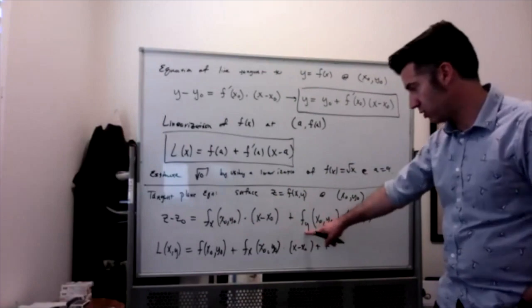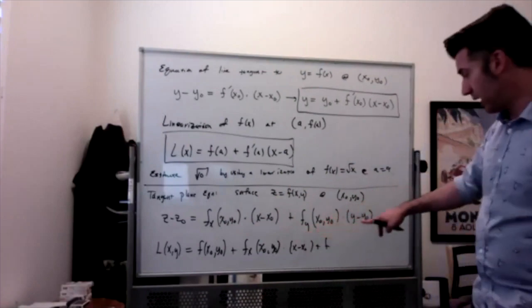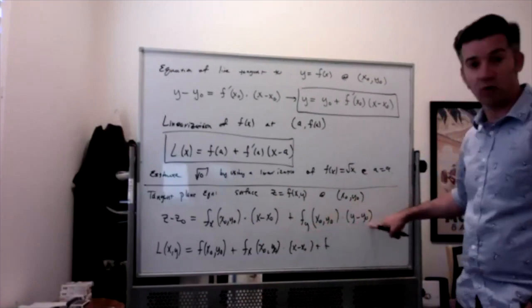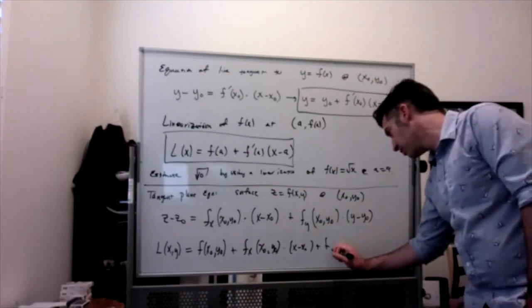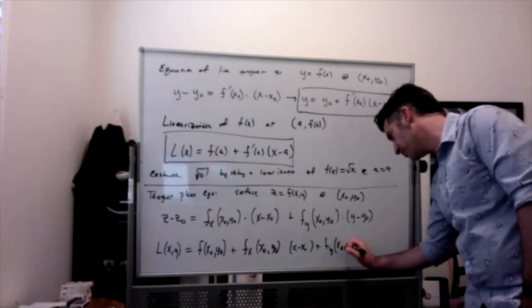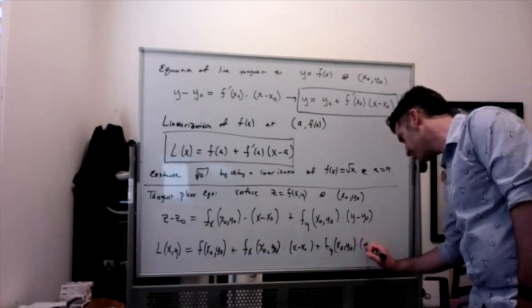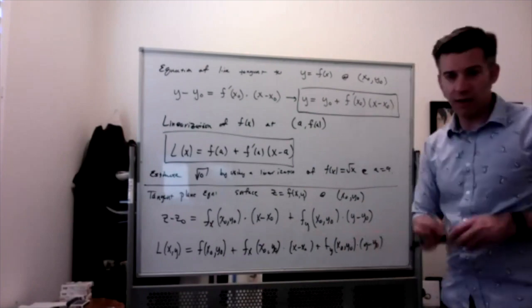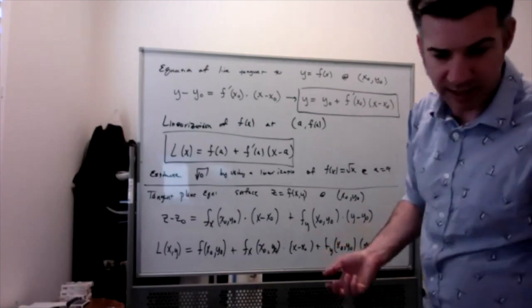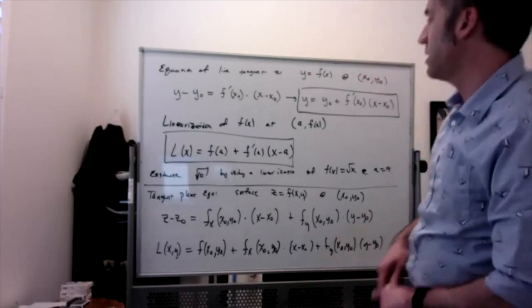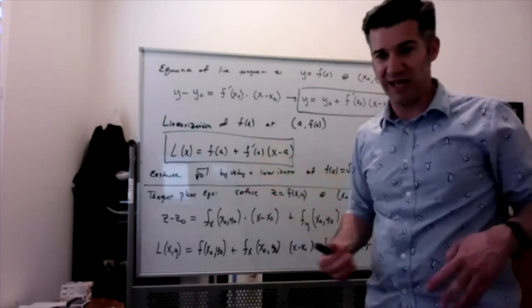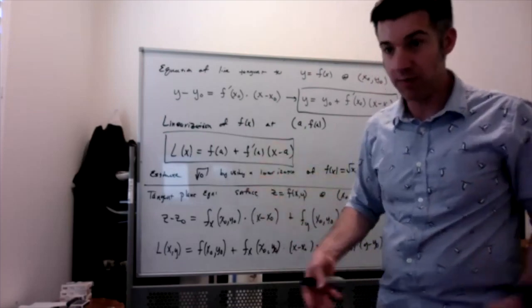Same deal here, partial evaluated at the point times that variable minus the coordinate of that variable. It's just a lot to say. It's a bit messy, but if you can connect it back to what we did before, it's not really anything extra to remember.